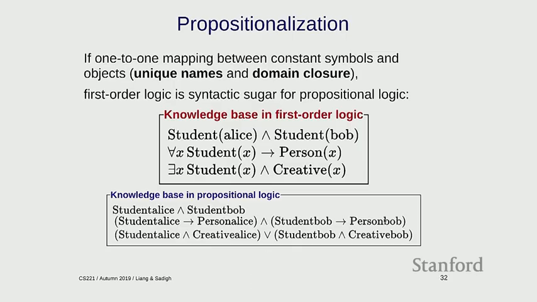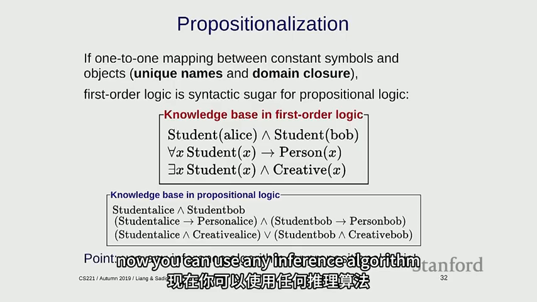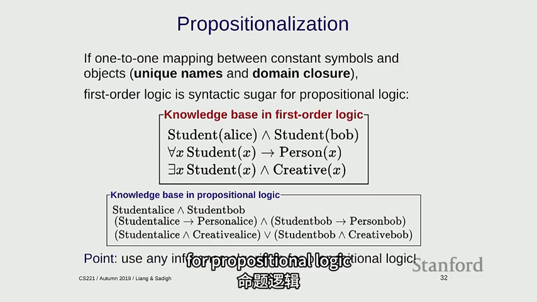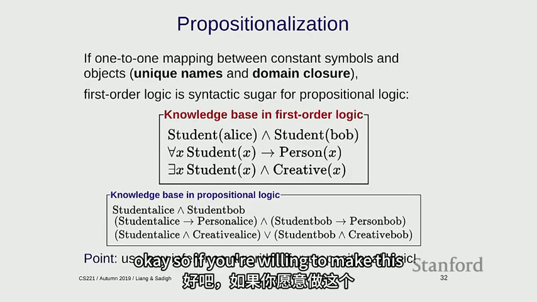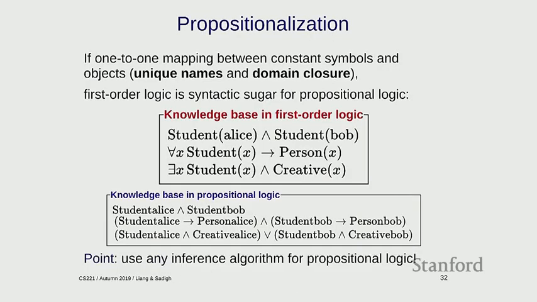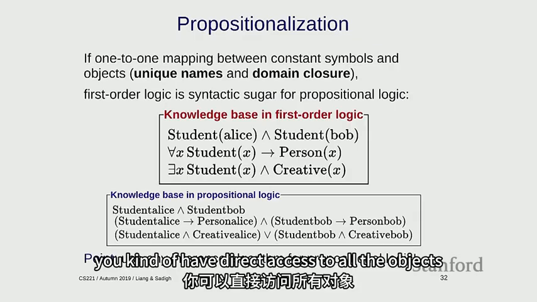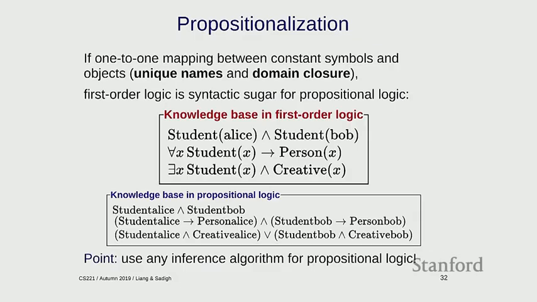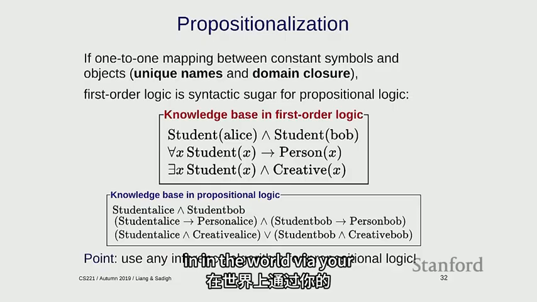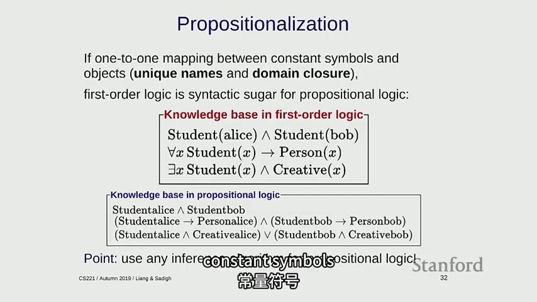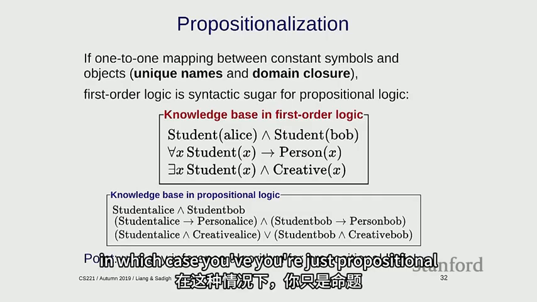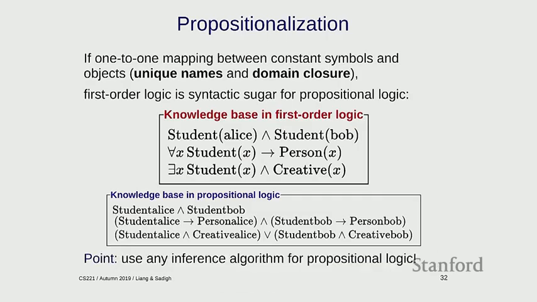Okay? So the point of doing this is now you can use any inference algorithm for propositional logic for first-order logic. Okay? So if you're willing to make this restriction, unique names and domain closure, that means you kind of have direct access to all the objects in the world via your constant symbols, in which case you just have propositional logic.